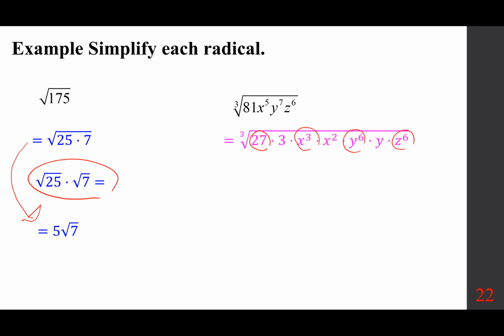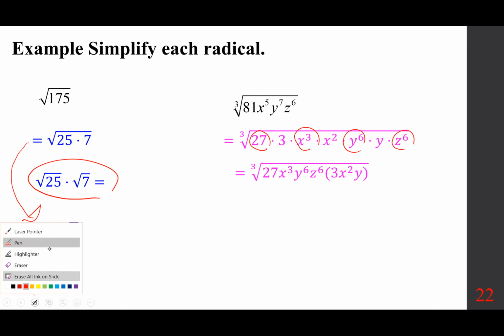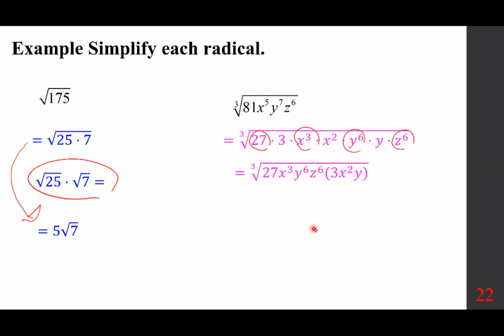And we write the rest of them next to each other. So 27 can come out as 3, x cubed as x, y to the power of 6 as y squared. This comes out as z squared, and the rest remain inside. But I'm going to show you how to go from here to here without having to go through this process.